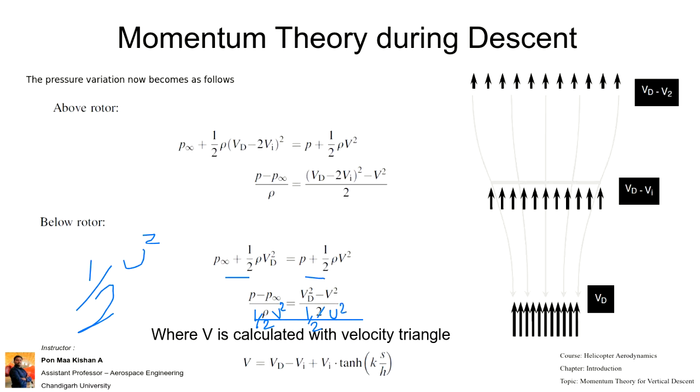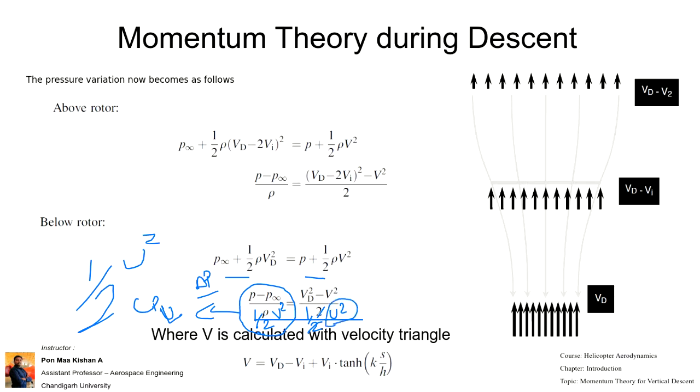This term I can call the coefficient of pressure, because delta P is half rho V square, the dynamic pressure. So our entire term can be given as the coefficient of pressure. For the upper layer we can use the term U, for the lower layer we can use the term L. The 2 and 2 get cancelled and U square remains.